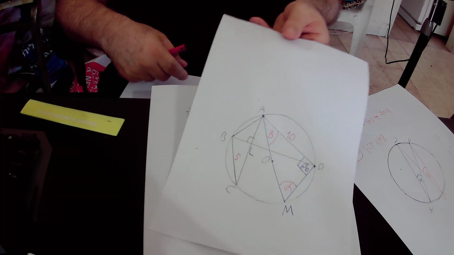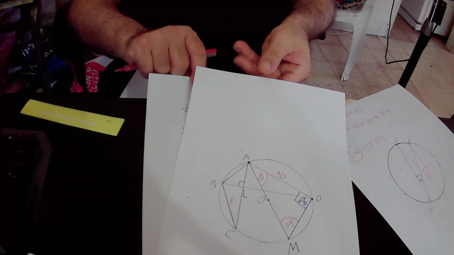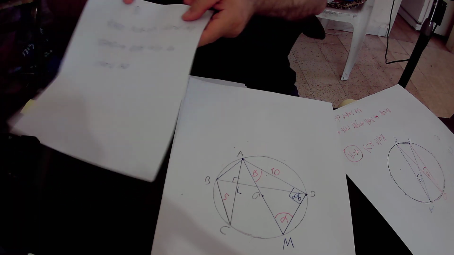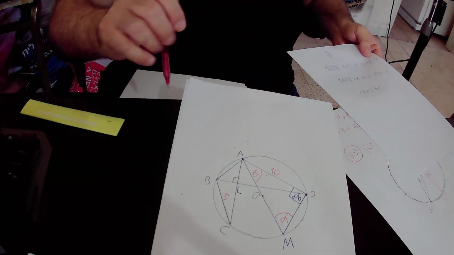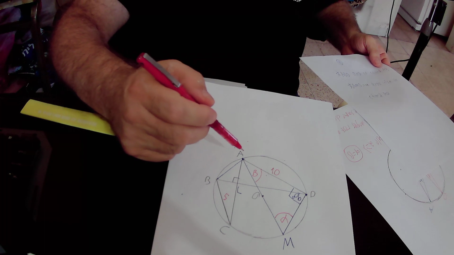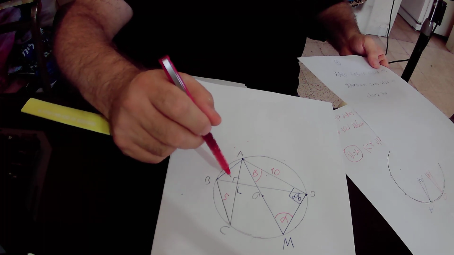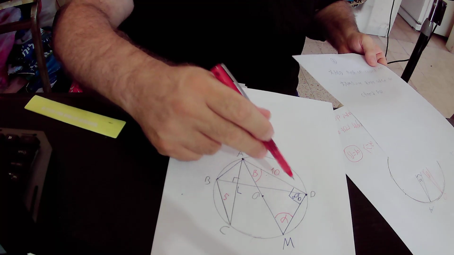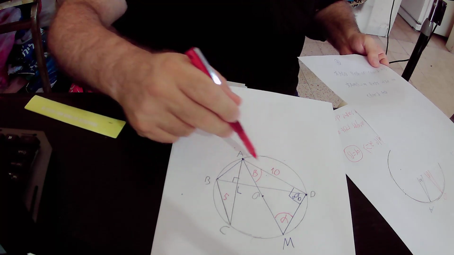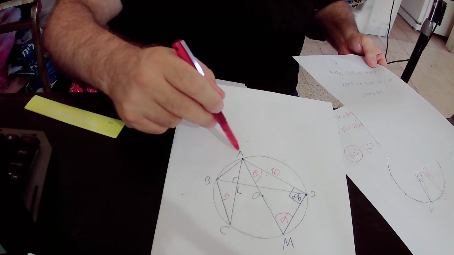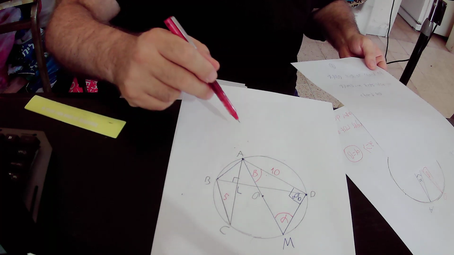As you can see here, angle ABD rests on chord AD, and angle alpha also rests on the same chord AD.